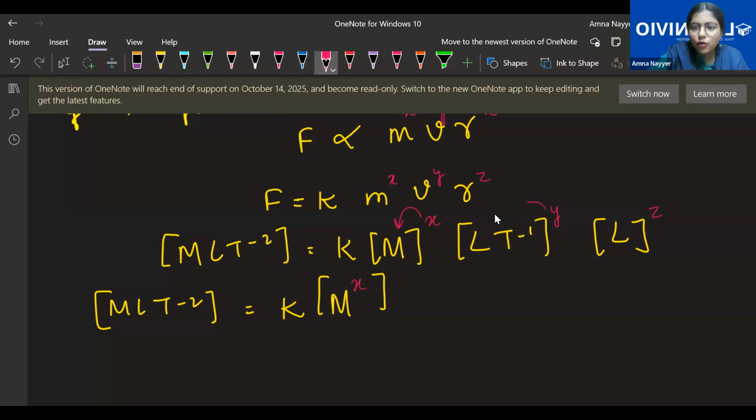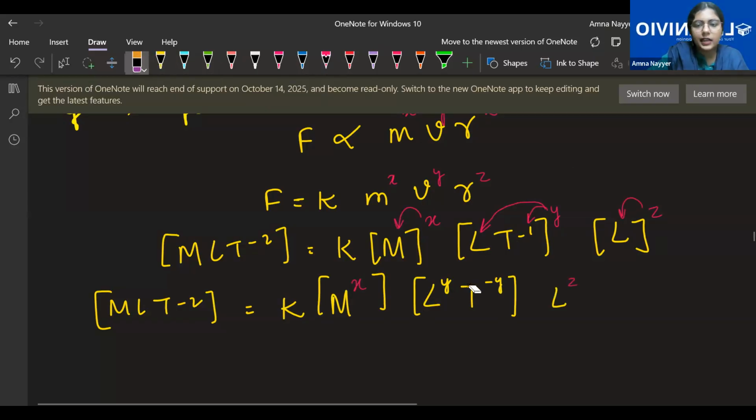Now Y has two quantities, L to the power 1, T to the power minus 1, so you multiply with each of them. This is L to the power Y, T to the power minus Y. And Z multiplied to 1 makes it L to the power Z.